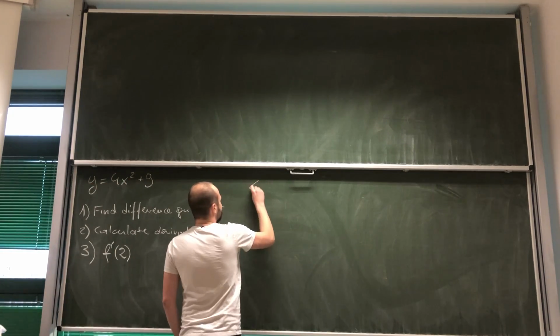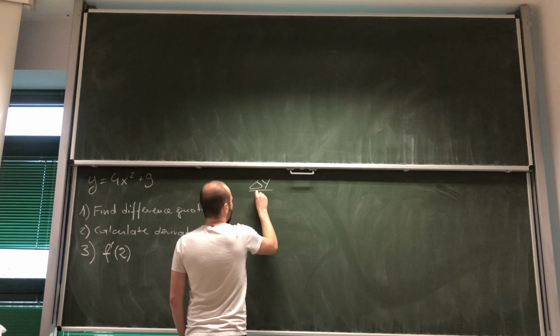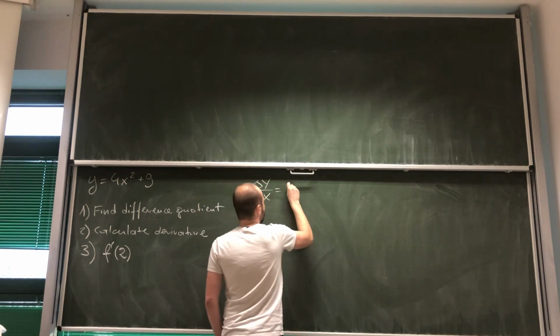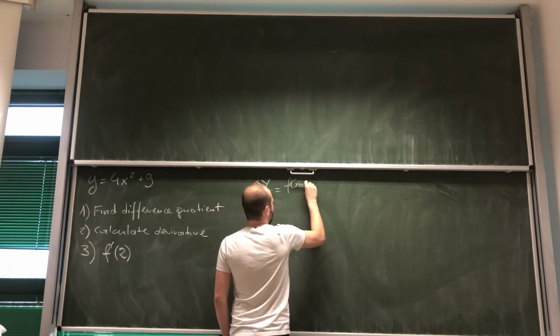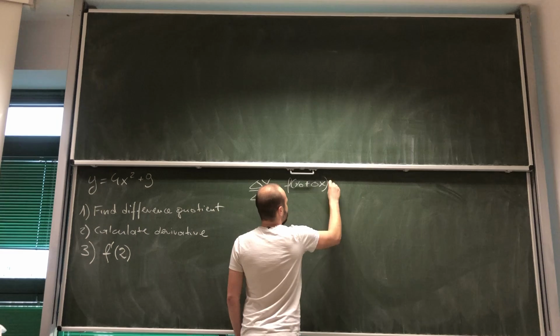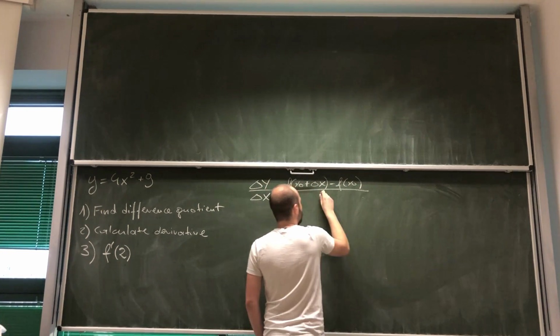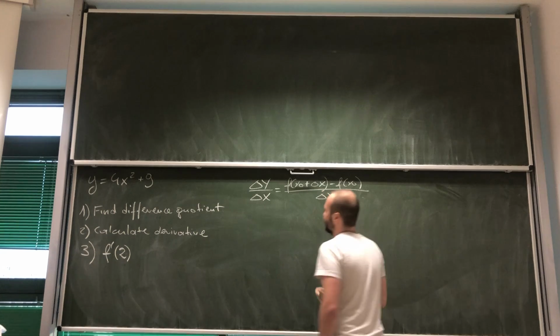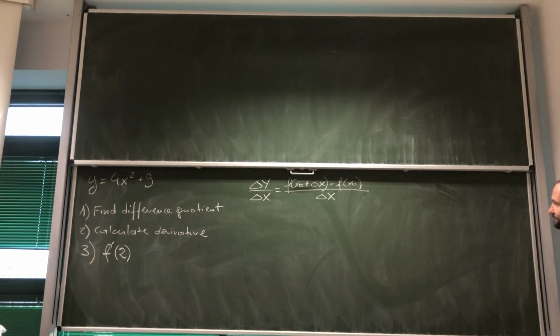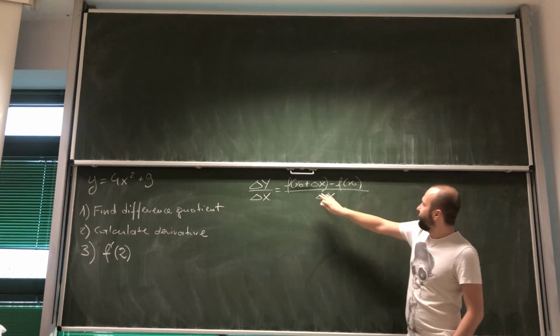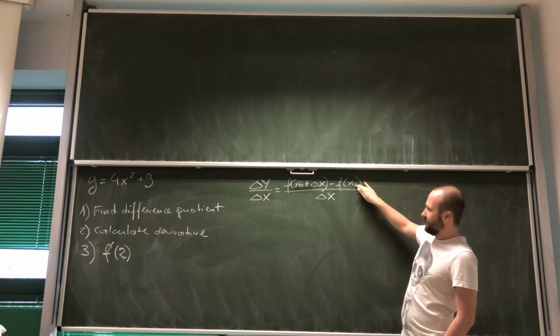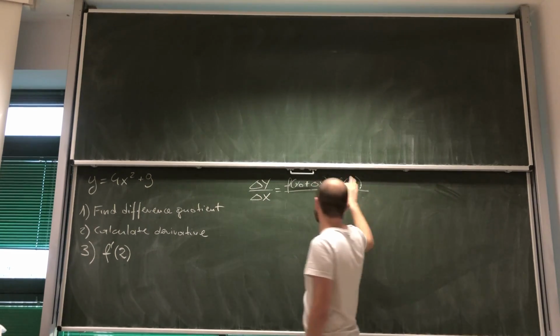Okay, difference quotient is given by delta y over delta x, or f of x0 plus delta x minus f of x0 over delta x. Okay, so first let's find those two, and then we will be able to just substitute them.